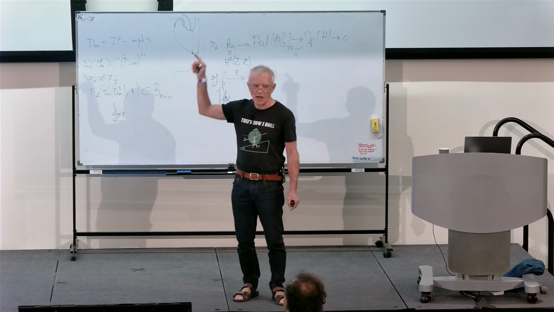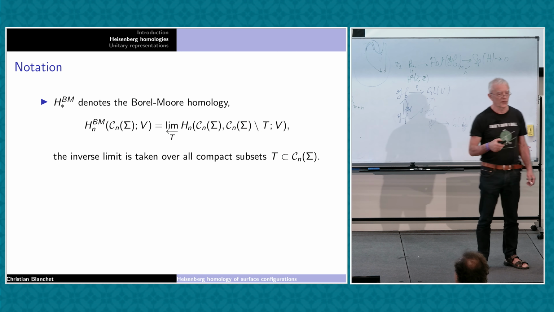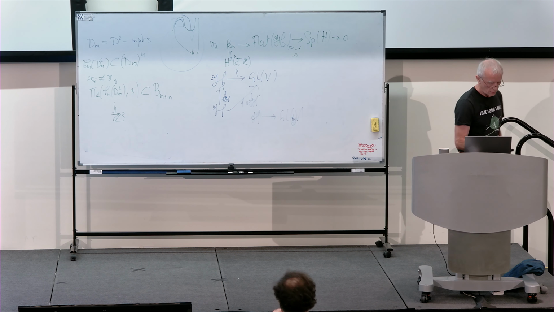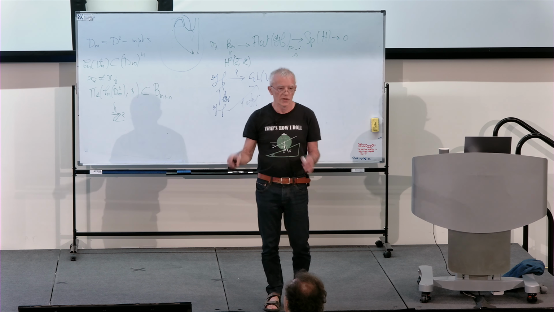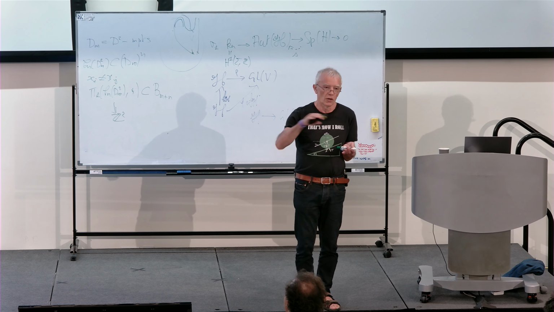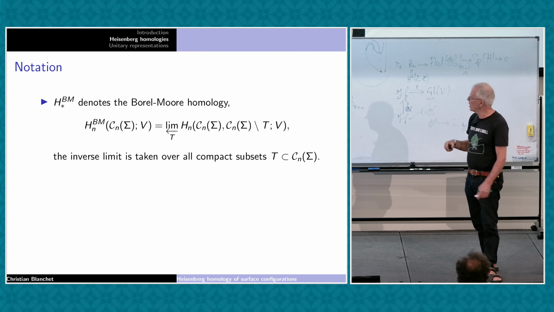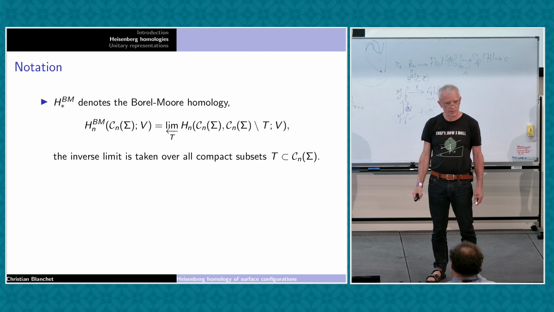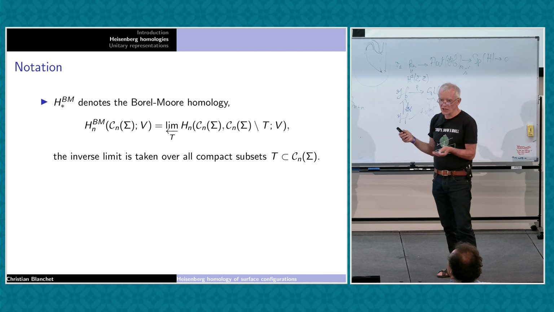And then I have to talk a bit about some variants. Okay, so I will use what is called the Borel-Moore homology. So this is similar to the homology using locally finite chains. And then it can be defined as a limit of a complement of compact subspace. And this is very appropriate when you have a non-compact manifold.